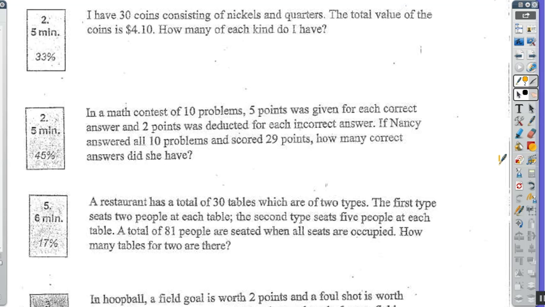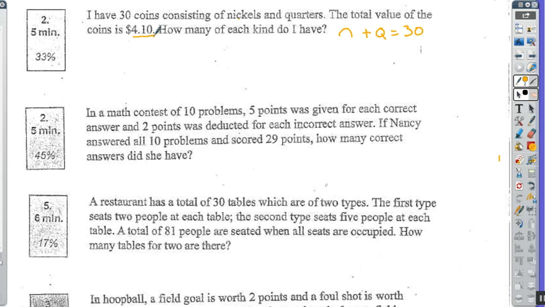I know that I have 30 coins, and I only have nickels and quarters. So the sum of nickels and quarters has to be 30. So I have nickels plus quarters is equal to 30. And I have a total of 410 cents.